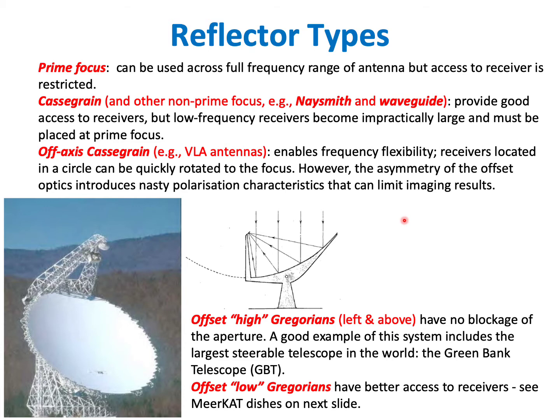But of course, all the receivers are on the edges of that plate, so they offset the focus to the edge of the plate, and then they just rotate whichever receiver they want into the field of view of the secondary, the offset Cassegrain secondary.